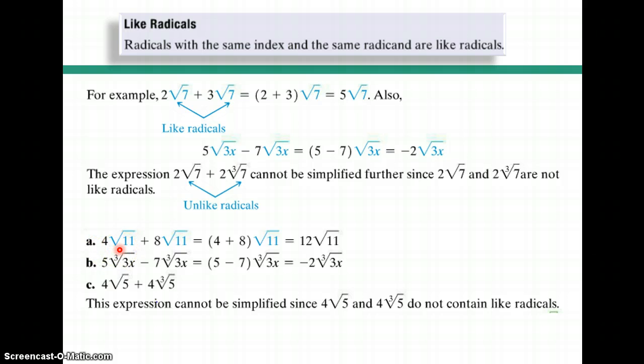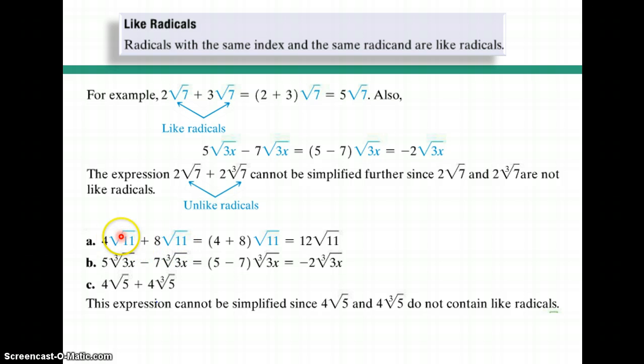4 square root of 11 plus 8 square root of 11. In this radical expression, the radicand 11 and here radicand 11 are equal.